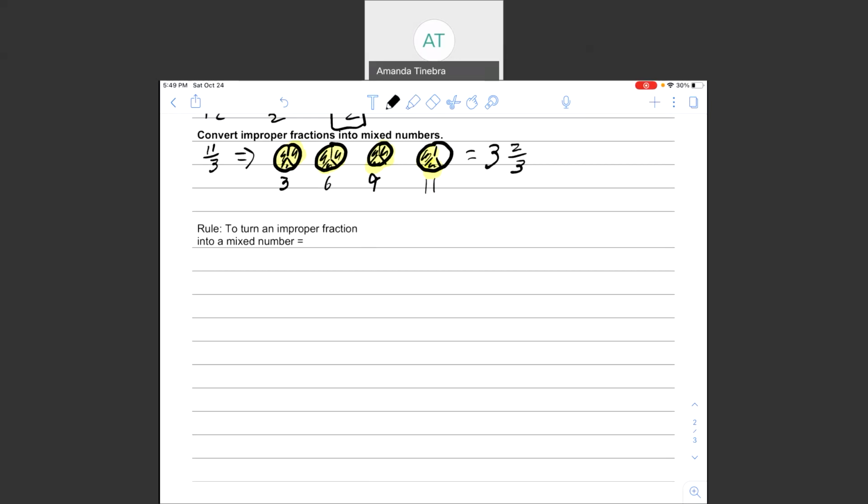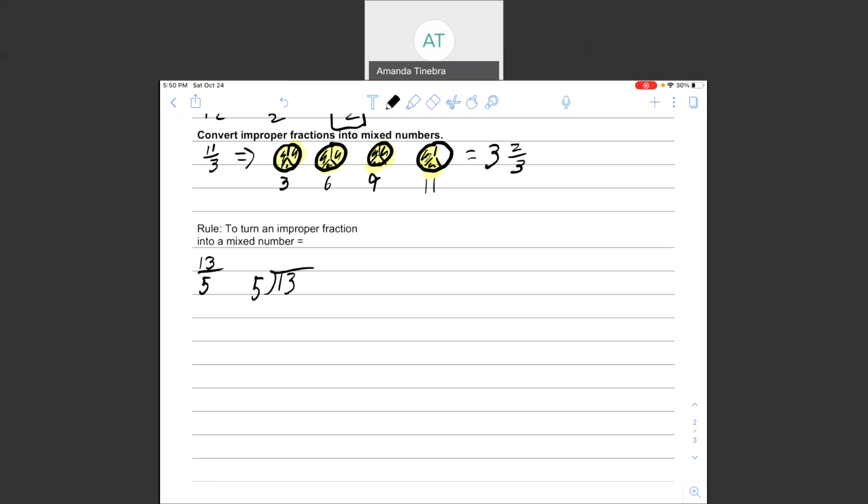So let's say we had the fraction 13/5. What I really want to do is I want to know how many times I can get the number 5 out of 13. So this becomes a division problem, which makes sense. A fraction bar can also mean division. So what I'm going to do here is I'm going to do 13 divided by 5.